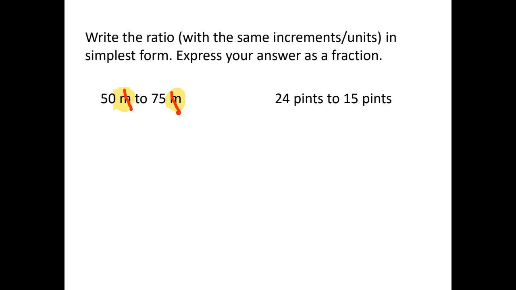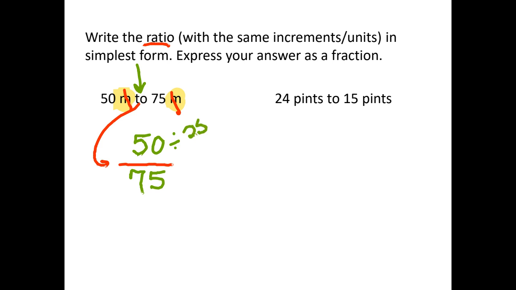That's the fraction bar. Now what goes at the top is 50. It comes in front of TO. 75 goes below because it comes after TO. Now, I have to reduce this fraction. I'm going to divide top and bottom by 25. This will give me 2/3. This is my answer.